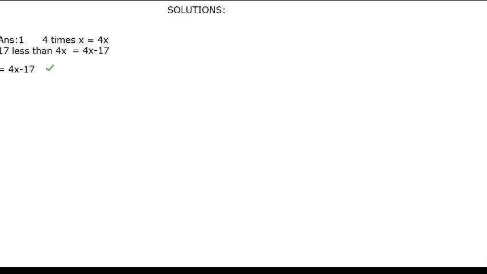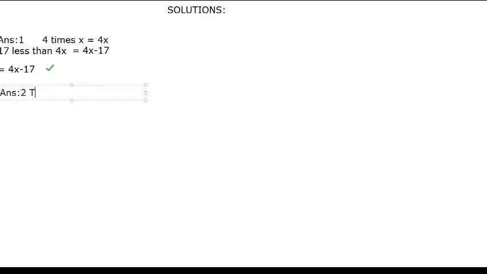This one's a bit tough. Answer number 2. A number is 17 times the reciprocal of the sum of two numbers, A and B. Write this number. Simple.